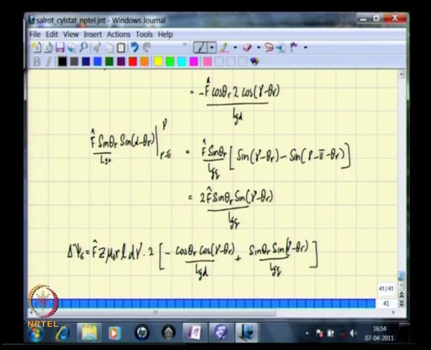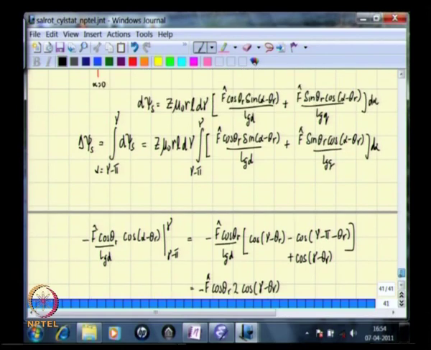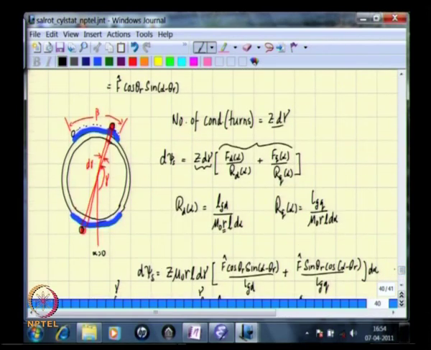So, this is the flux linkage of this elementary coil which we have determined.